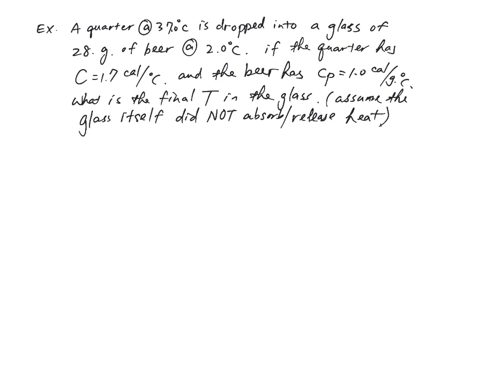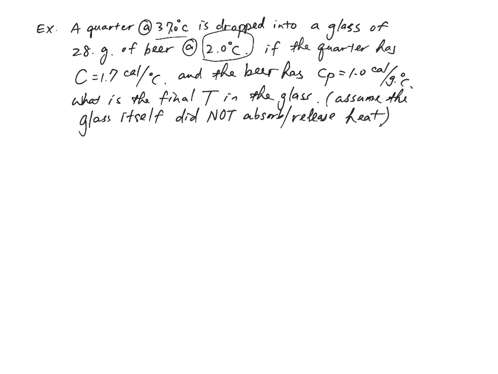You have a quarter, and let's say this quarter is in your pocket. It has your body temperature of 37.0 degrees Celsius. And somehow it got dropped, it bounced around, and eventually into this glass of leftover only 28 grams of beer, and the beer obviously is pretty cold at 2.0 degrees Celsius.